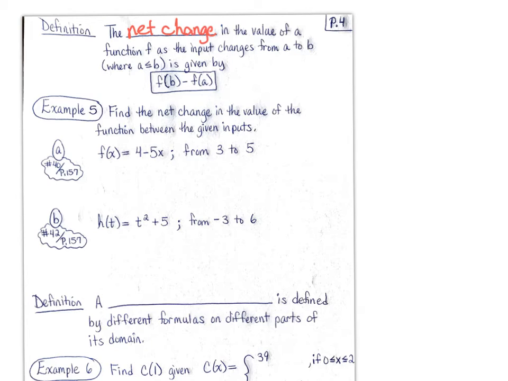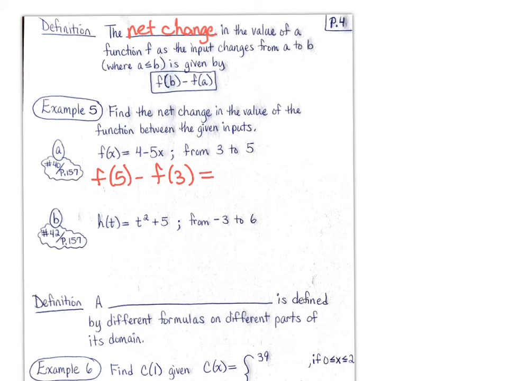Okay? So now let's look at an example where we have to find the net change. I'll go through them with you, and then you can try one on your own. Find the net change in the value of the function between the given inputs. F of x is equal to 4 minus 5x, and we want to find the net change from 3 to 5. So, using our formula, that is f of 5 minus f of 3.